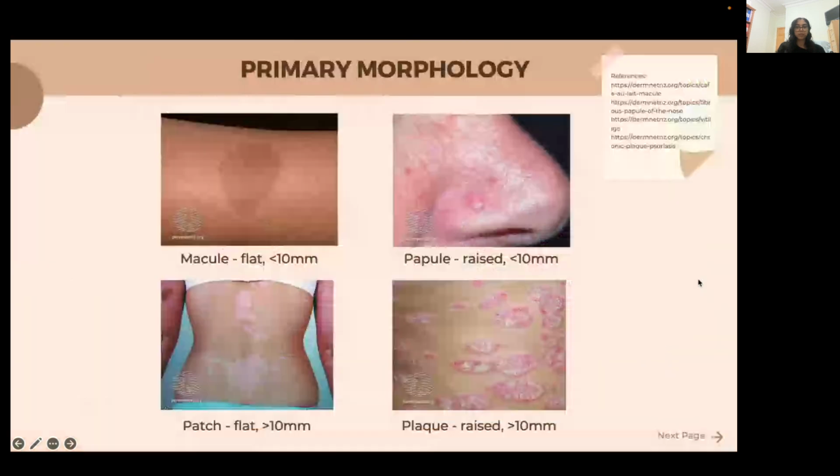Nice. So now we're going to talk about primary morphology. So this is where it's important to know about the size of the lesion. So whether the diameter is less than 10 millimeters or more than 10 millimeters. So firstly, if we're thinking about a lesion that's less than 10 millimeters in diameter and it's flat, so when you run your hand over it, you can't feel it, that would be a macule.